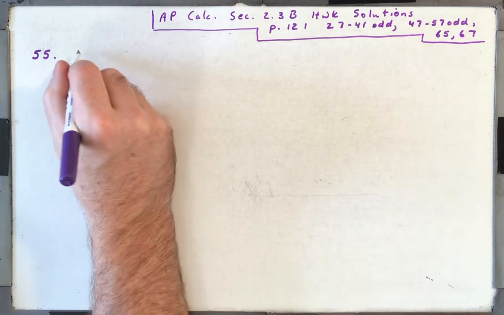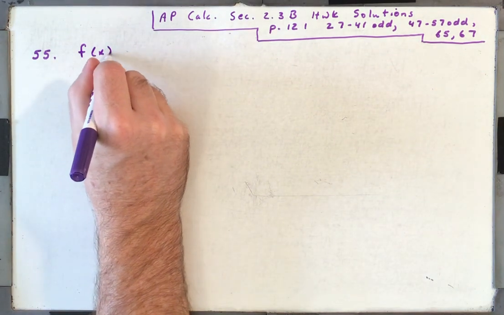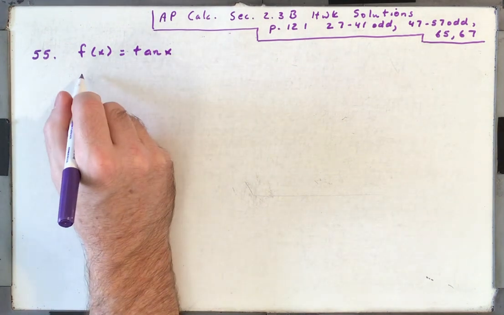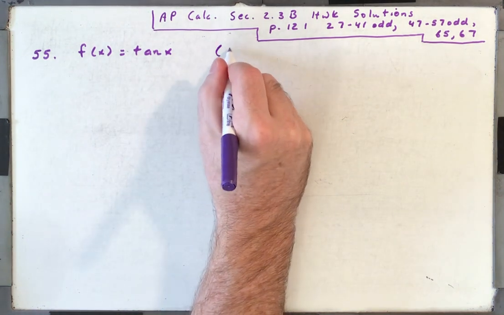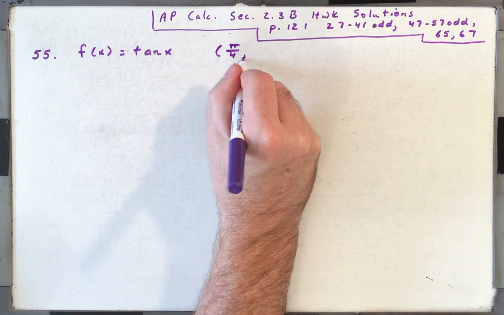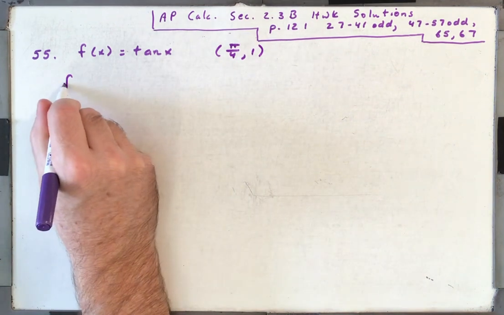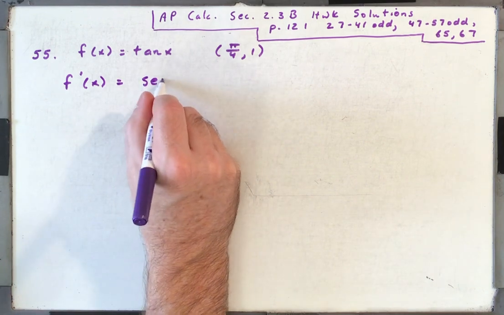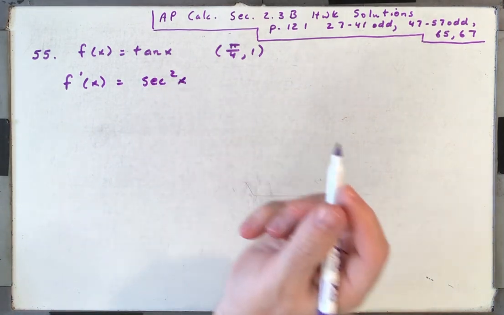So that's f of x equals tangent x. And our point is (pi over 4, 1). So f prime of x is going to be secant squared x.